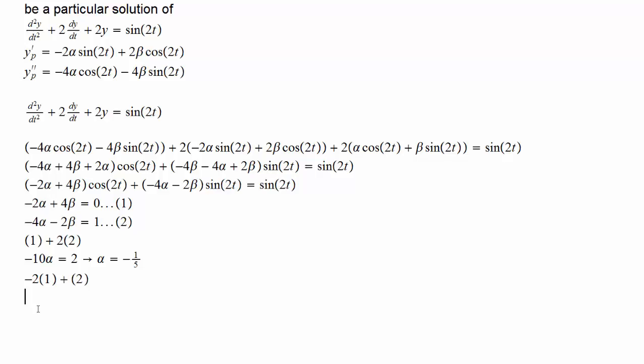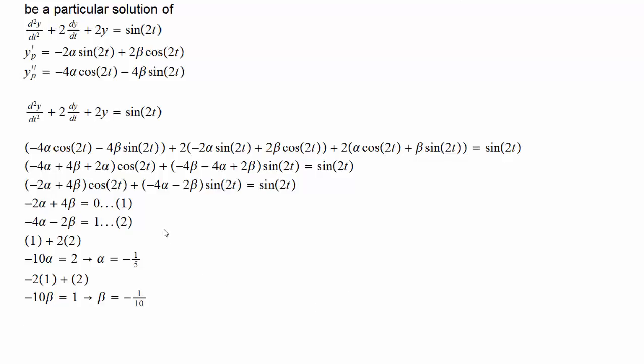When I multiplied by -2, this became plus 2, so they cancel. This becomes -8 beta, and adding them together, that becomes -10 beta, which still equals 1, so beta equals -1/10.